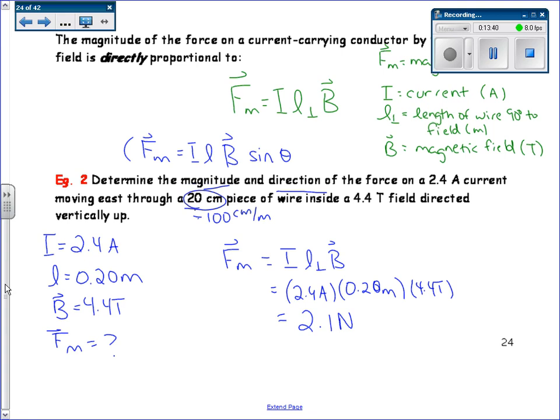So we're looking to find the palm. We know which way we can put our thumb and which way we can put our fingers. So remember, thumb is the current. The current is moving east. Our fingers, the field is directed vertically up, so our fingers go straight up.